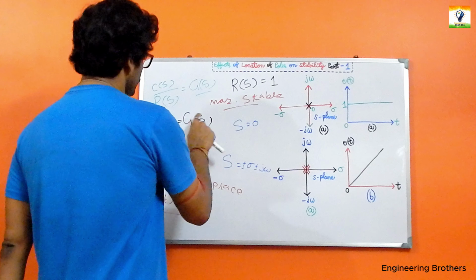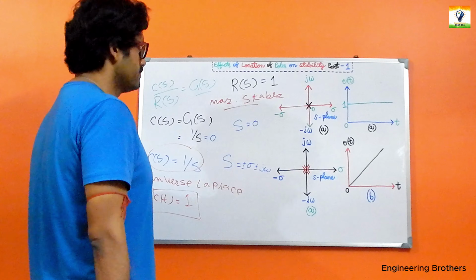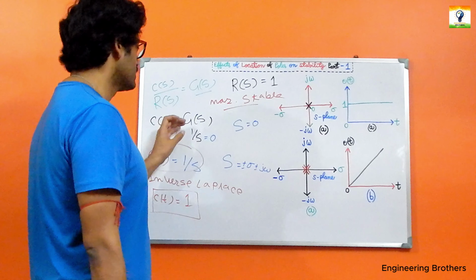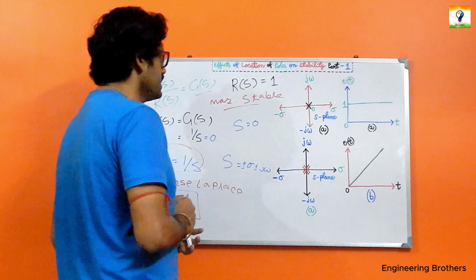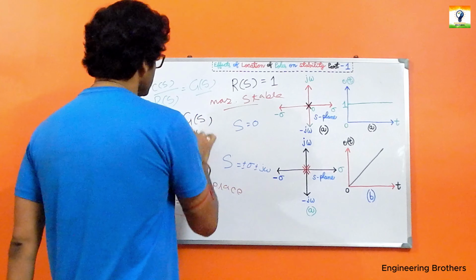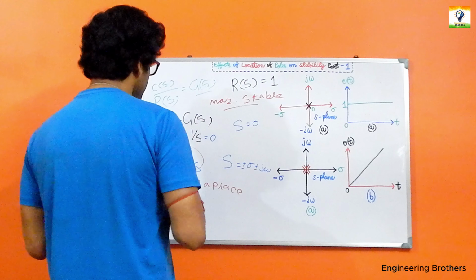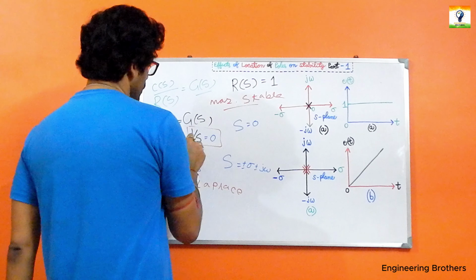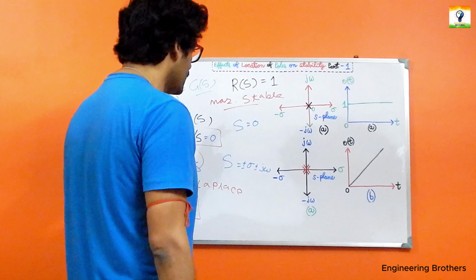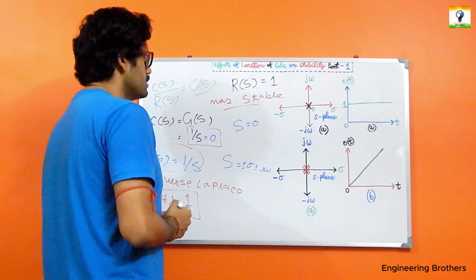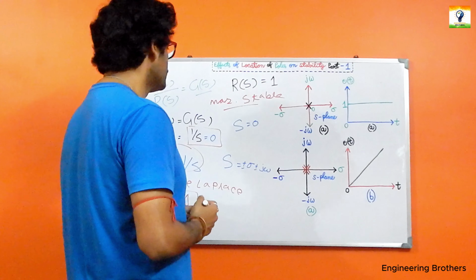That is why G(s) will be 1/s. If we plot this equation C(s) equal to 1/s, we are considering our most important part, which is the pole.